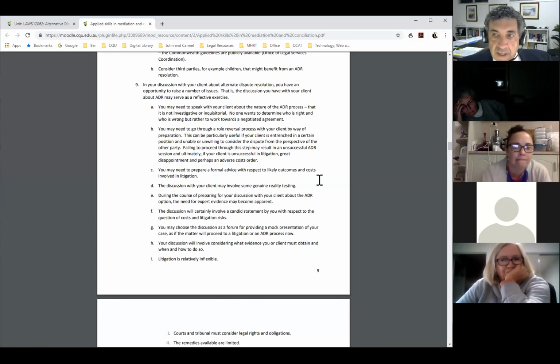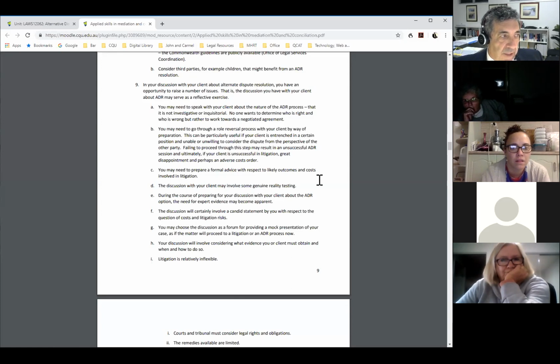You might have already picked up that that's a useful technique as the mediator or the conciliator, particularly in private sessions. Trying to have the participant who is not budging consider things from a different angle is always a good technique.